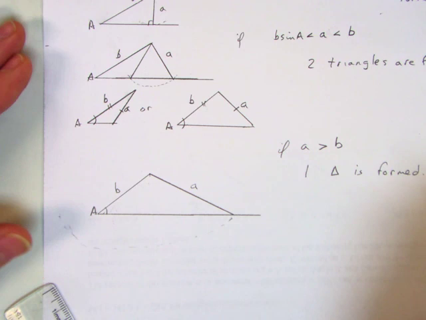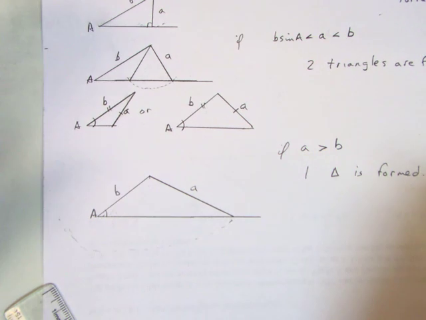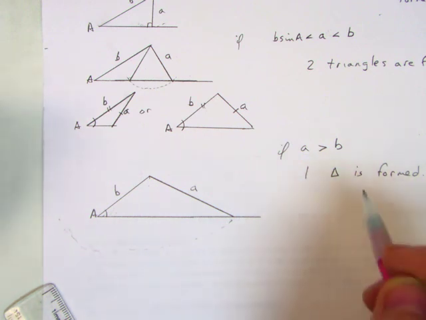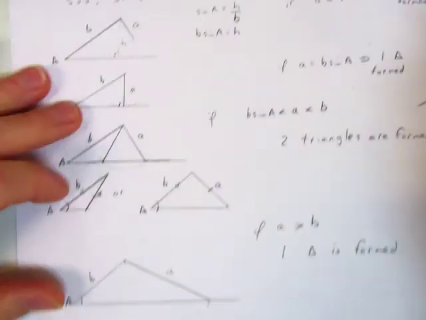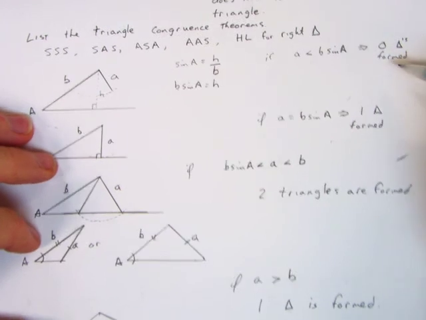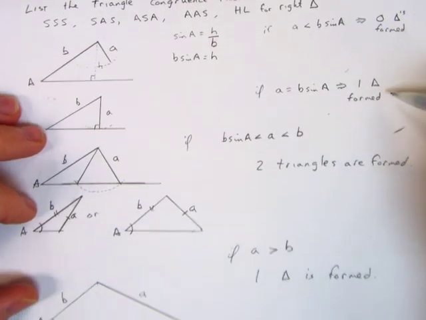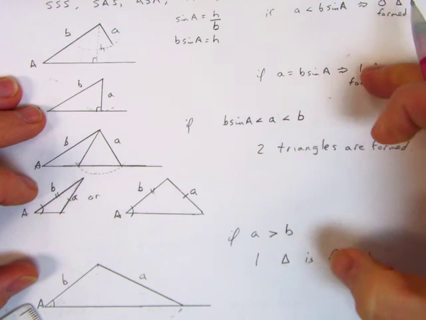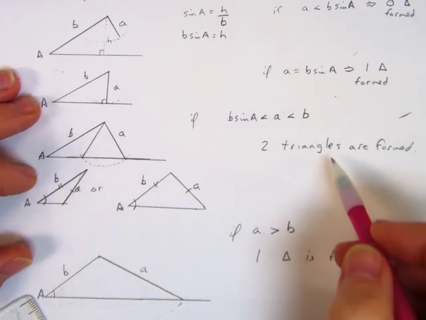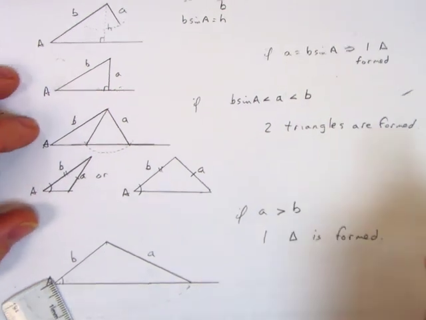So to summarize this, when we're given a situation of two sides and an angle not included, we need to compare the lengths to the height to determine whether zero triangles are formed, one triangle is formed in either of these two situations, or two triangles are formed.